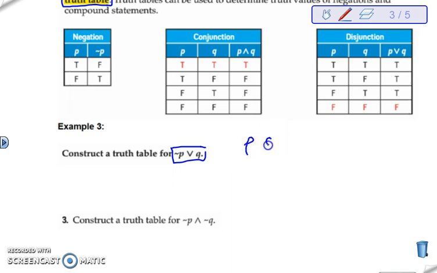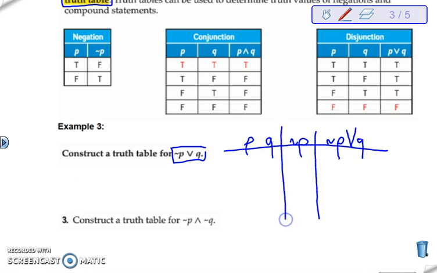So we're going to want columns for each of the letters. I notice I have a not P, so I'm going to want a negation for P. And then I'm going to need the compound statement as the final column.